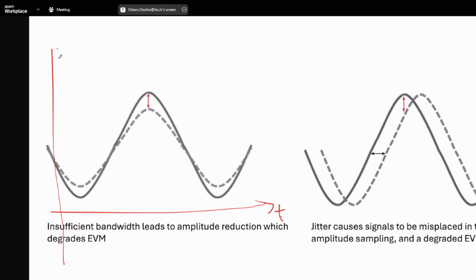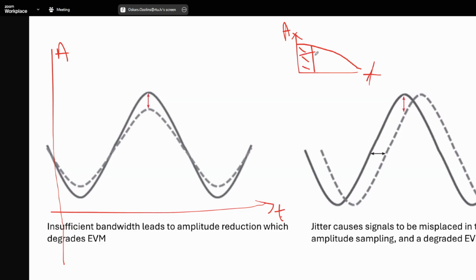When you start to have insufficient bandwidth in the system, in the frequency domain, this is frequency and this is also amplitude. Then you start to get the bandwidth going down like this, and then you don't use only this part of the spectrum.